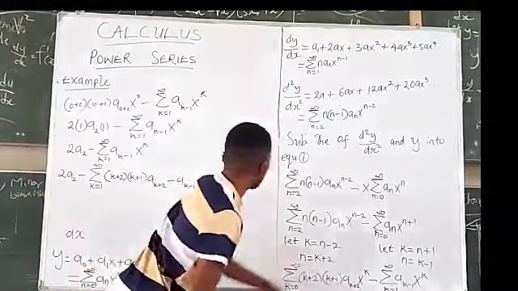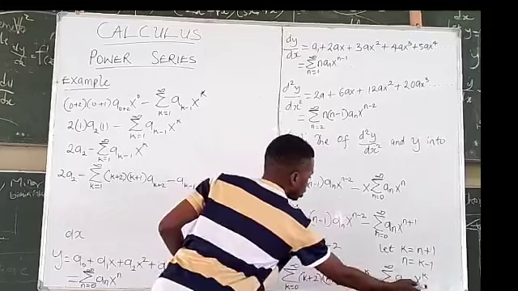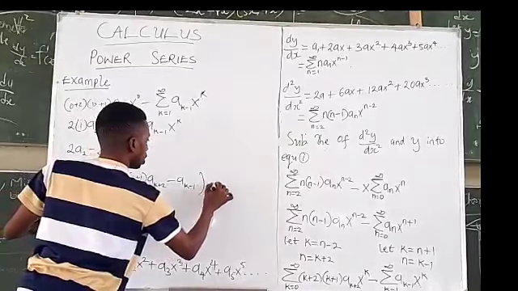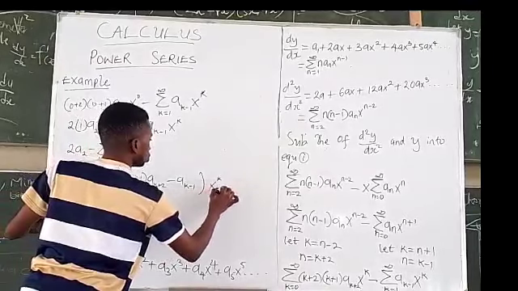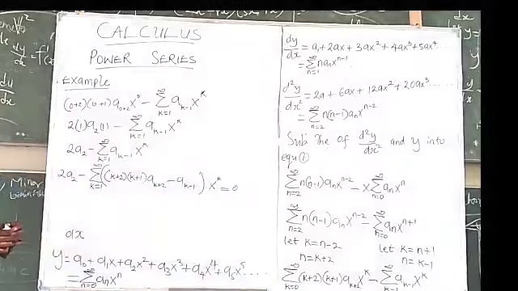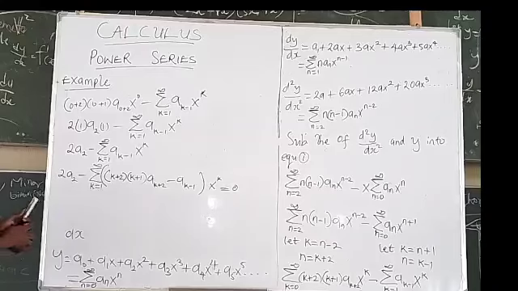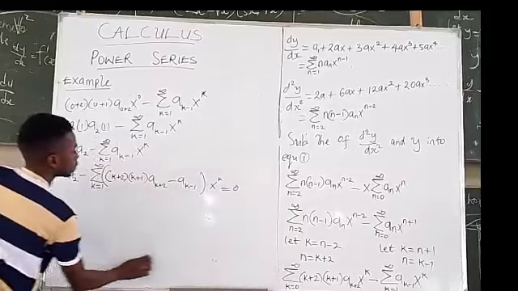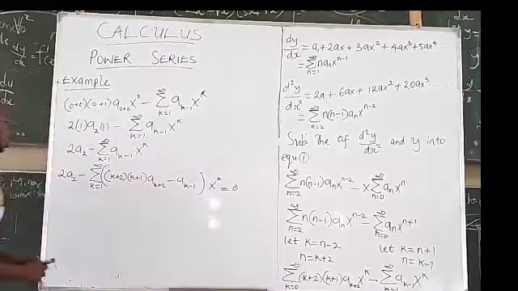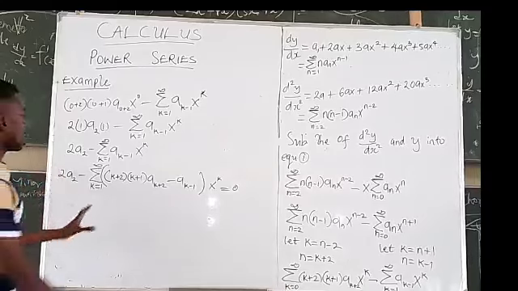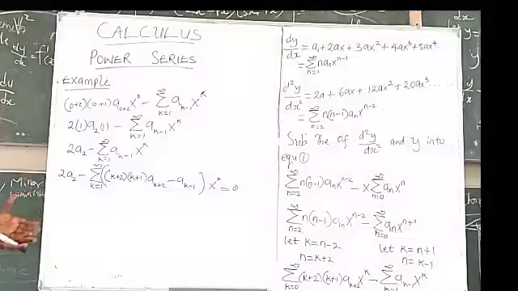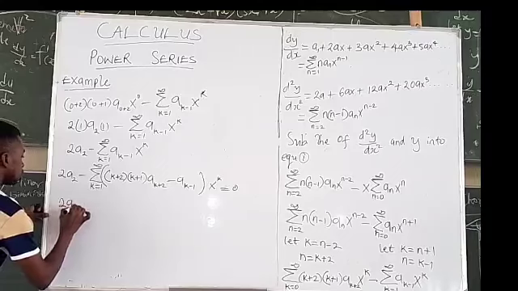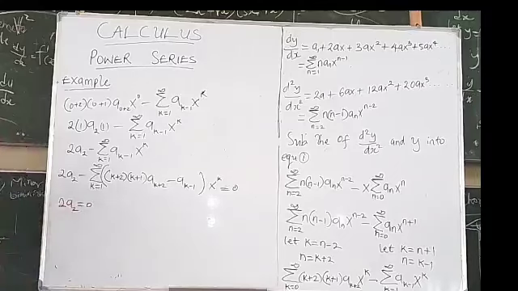Since our powers are the same, they will now be multiplied by x to the power k equated to 0. We are going to equate this to 0, that is 2a2 equal to 0.